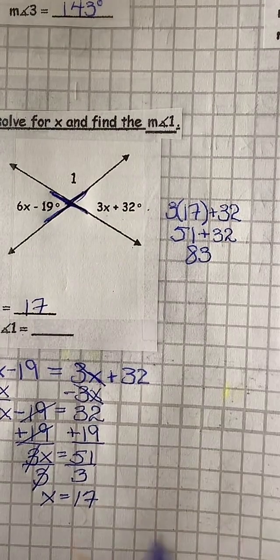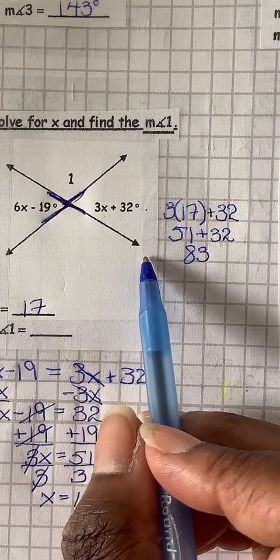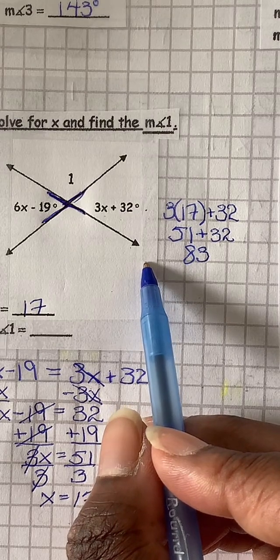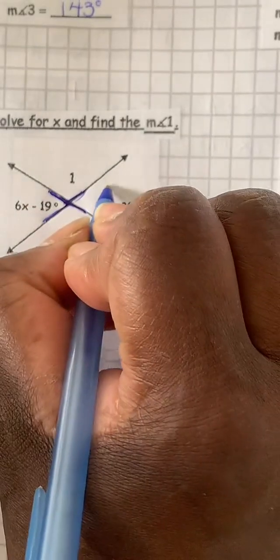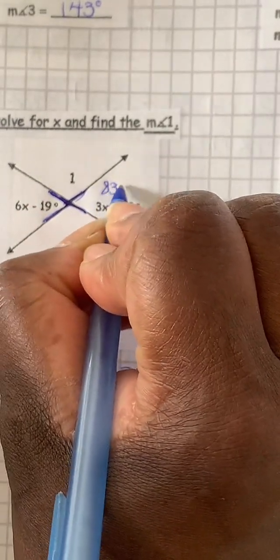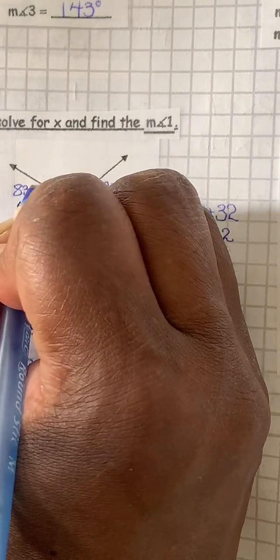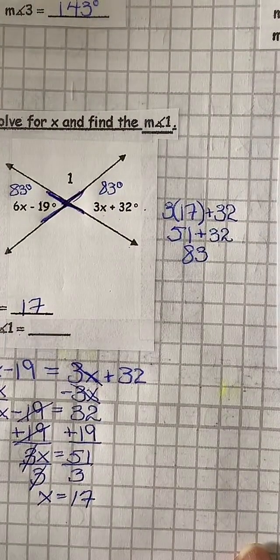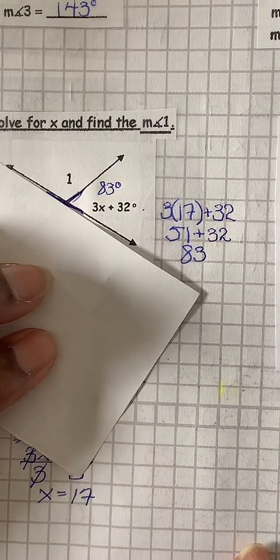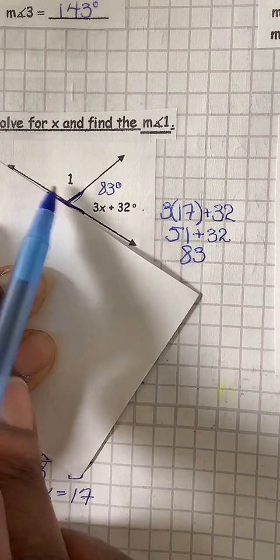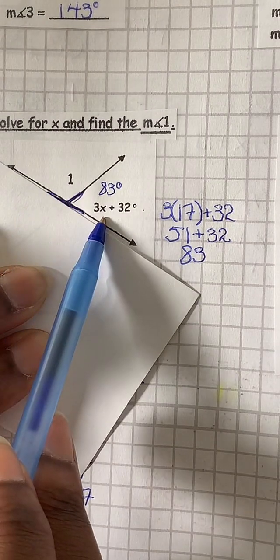All right. So the 83 is basically the measure of this angle, and also the measure of this angle. So if I want, I can cover this up. Now I can see that we have a linear pair. We have supplementary angles.